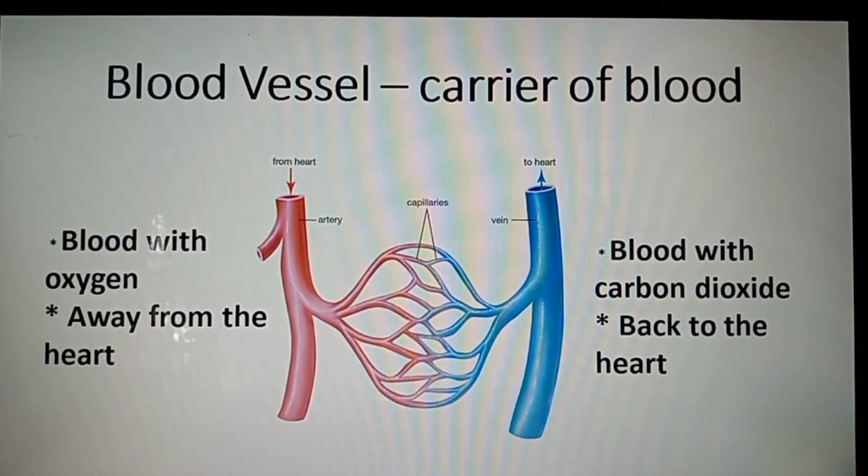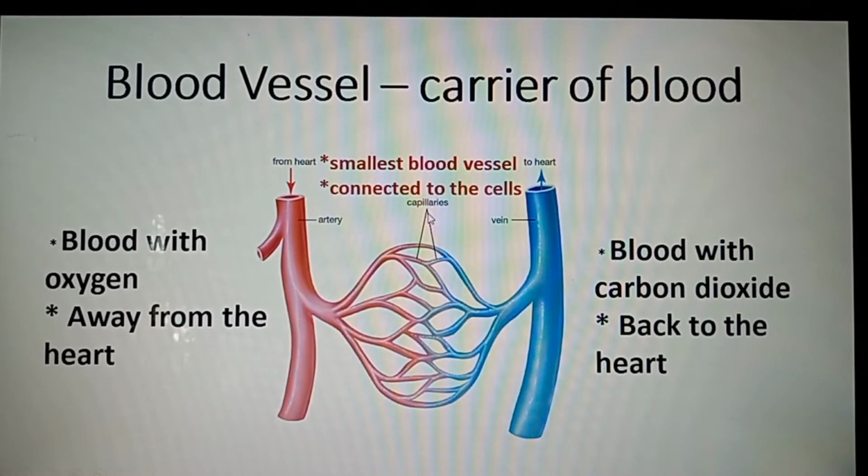Again, vein, blood with carbon dioxide ang dala-dala niya, and ang direction ng kanyang dugo ay pabalik sa puso, back to the heart. Para hindi mahirapan, A, artery, away. B, vein, back to the heart. Sometimes, sinasabi ko yan, balik sa puso. Okay?